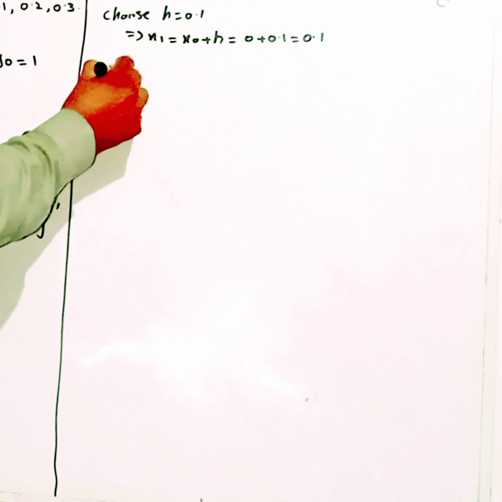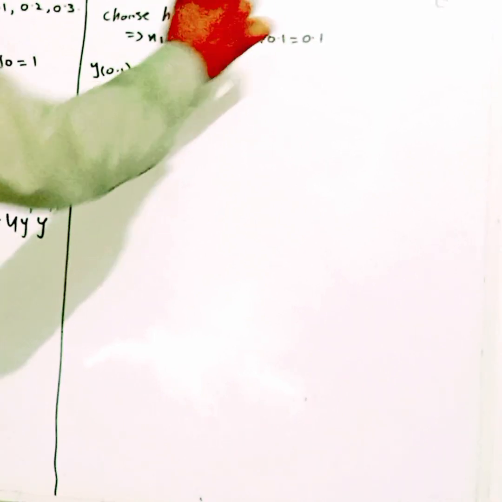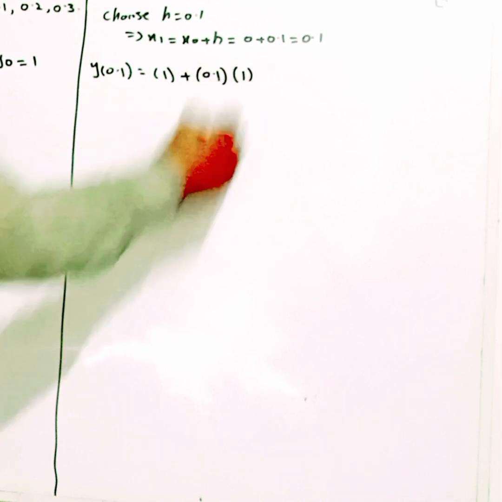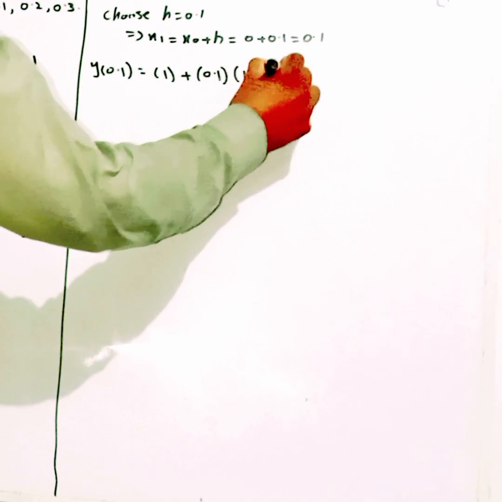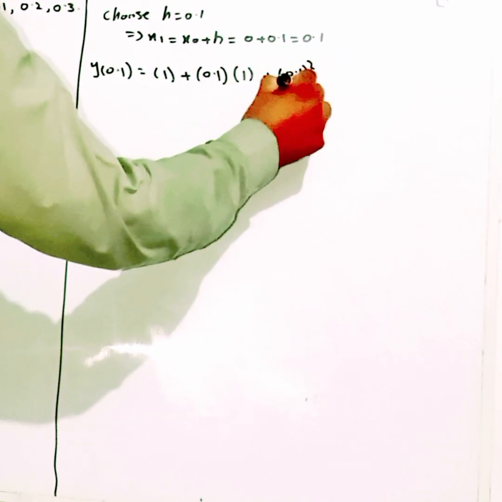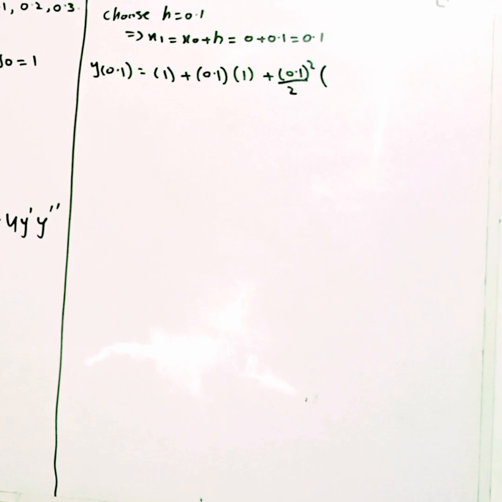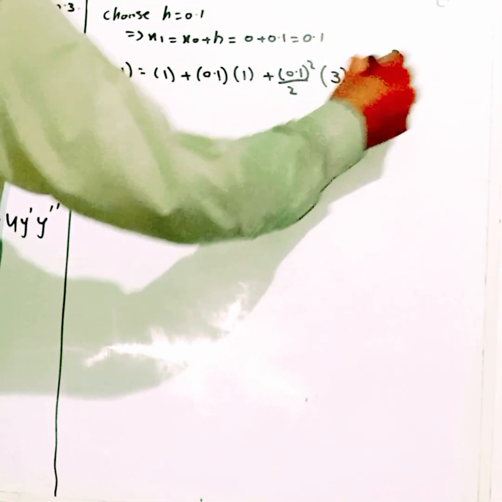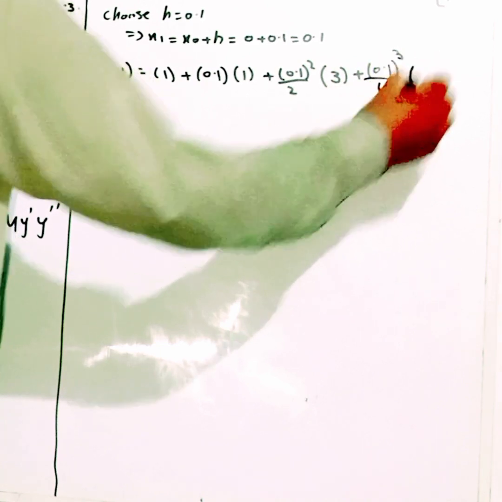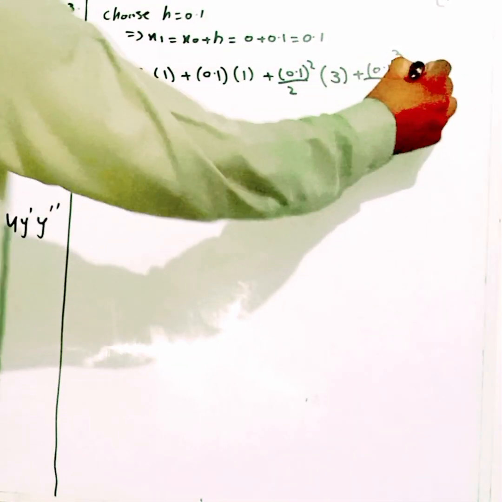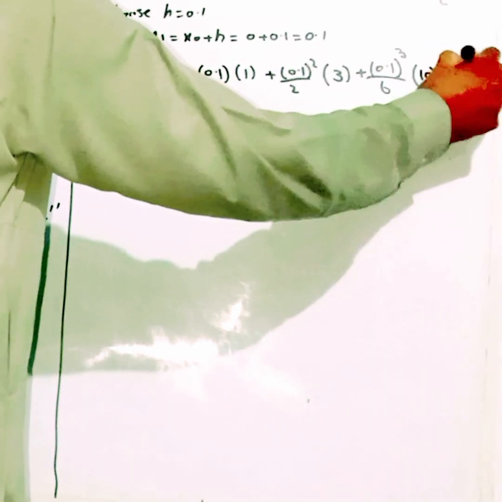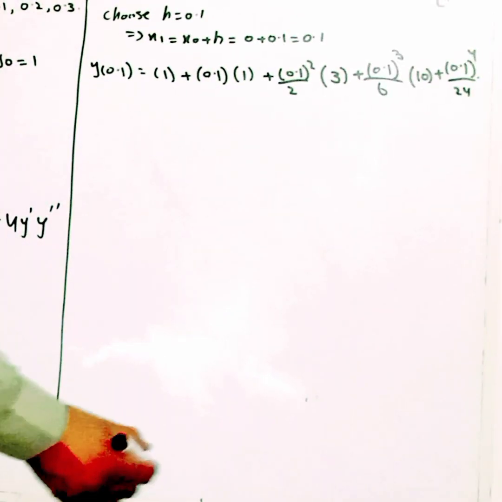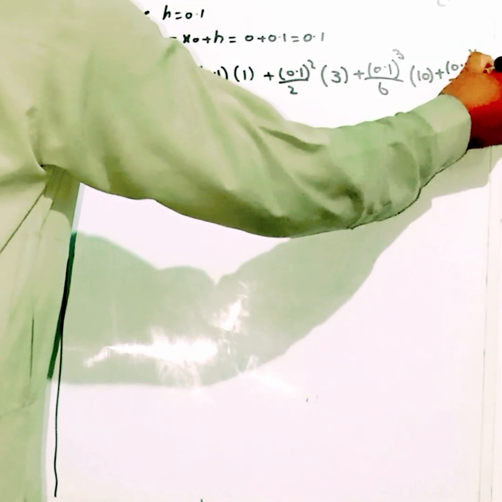So we have y of 0.1 is equal to y naught is equal to 1 plus h 0.1, y prime naught is also equal to 1 plus h square 0.1 square over 2 factorial is equal to 2, and y double prime naught is equal to 3 plus 0.1 cubed over 3 factorial is equal to 6, and y triple prime naught is equal to 10 plus 0.1 raised to power 4 over 24 and multiply by y fourth derivative is 47.